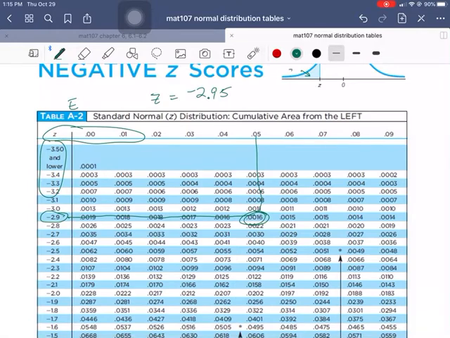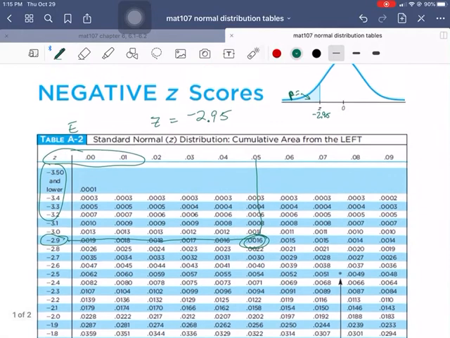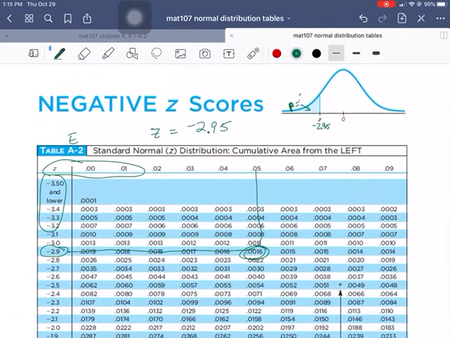So this area right here. If this was a z-score of negative 2.95, then the area or probability of a score being right in there is 0.0016, or a 0.16% chance that it would fall in that area, okay?